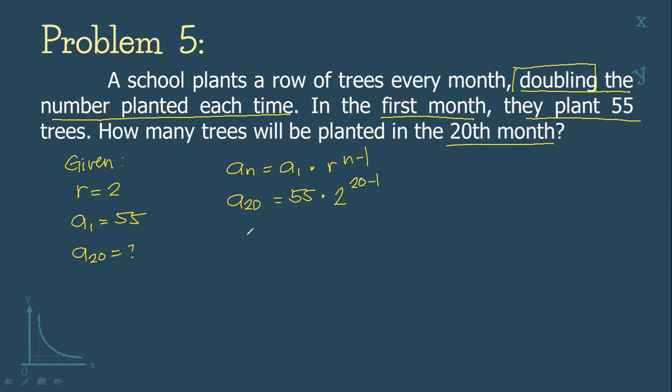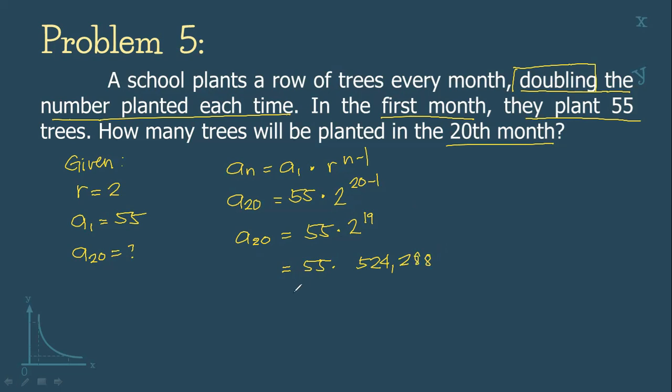So actually that is 19. So ibig sabihin po the 20th term is equal to 55 multiplied by 2 raised to 19. 2 raised to 19, my dear students, that is equal to 524,288. So we have here 55 multiplied by 524,288.